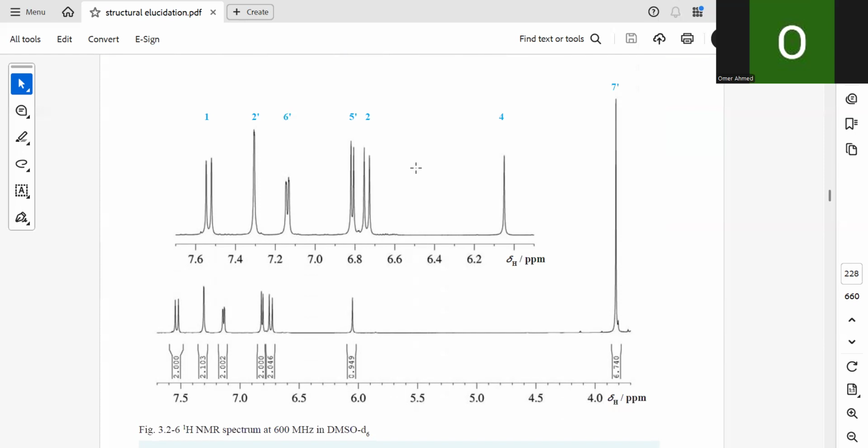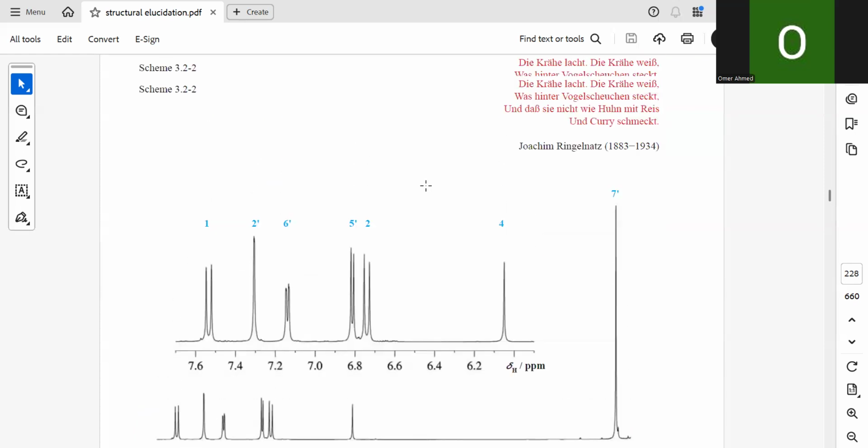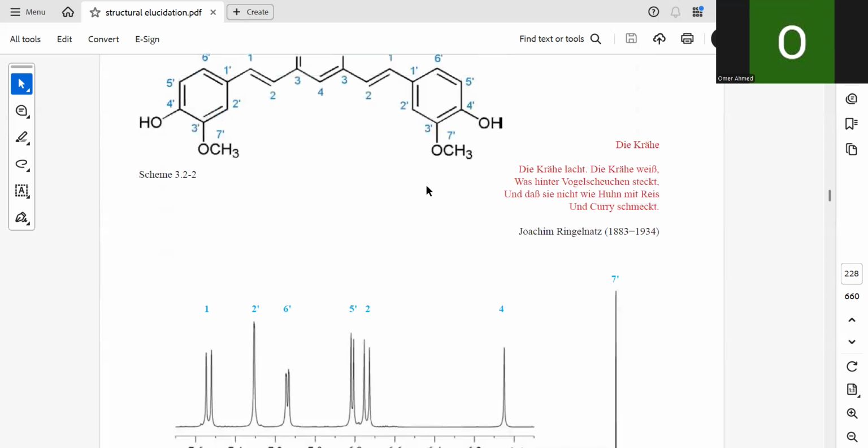Okay, here we can see the protons of 4, 2, 5 prime, 6 prime, 2 prime, and 1. 1 and 2, this one is not from the aromatic ring. The aromatic ring protons are 6 prime, 5 prime, 5 prime, and 2 prime.